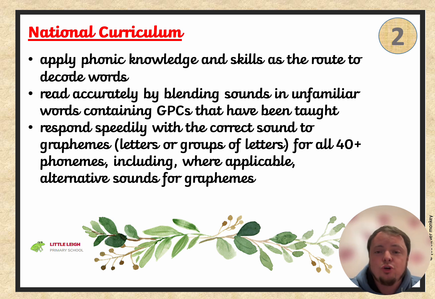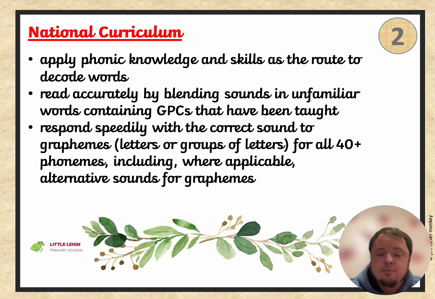Okay, I'm just going to talk to you a bit about the National Curriculum Reading Objectives for Year 1. So the first one says, apply phonic knowledge and skills as a route to decode words. So this is the children being able to apply what they've learned in phonics in order to be able to read the words that they see in a book. And read accurately by blending sounds in unfamiliar words containing GPCs as have been taught.